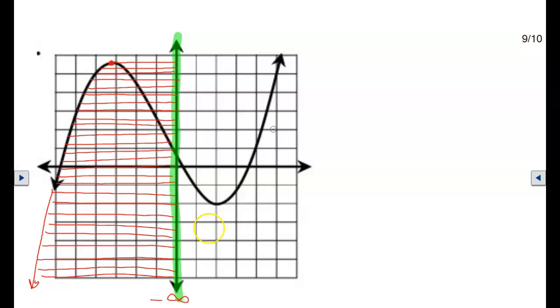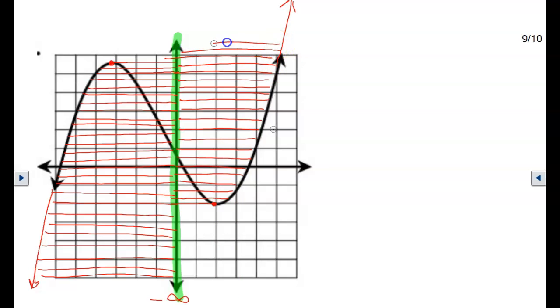Now I need to come over to this right side of the graph because I haven't dealt with it at all. Here's kind of the lowest point on that. So I'm going to start there and start tracing this side over to my y-axis. And notice I'm coming in contact with a lot of the same spots that I've already come in contact with. And I reach this point where I've got this arrow. Well, I know he's going to keep going up.